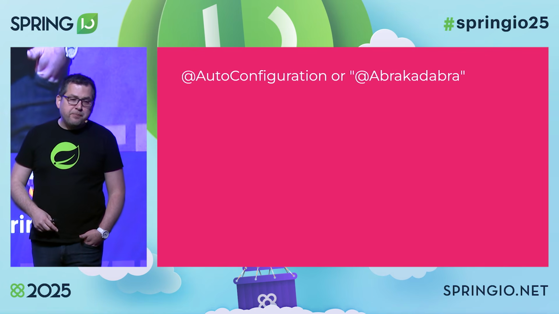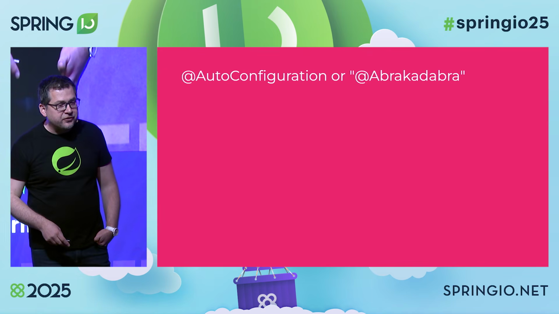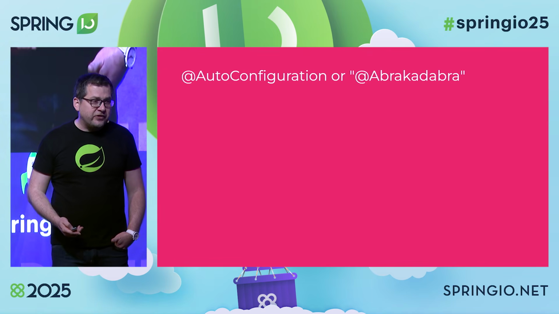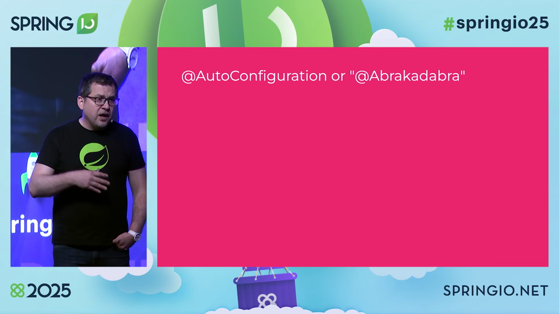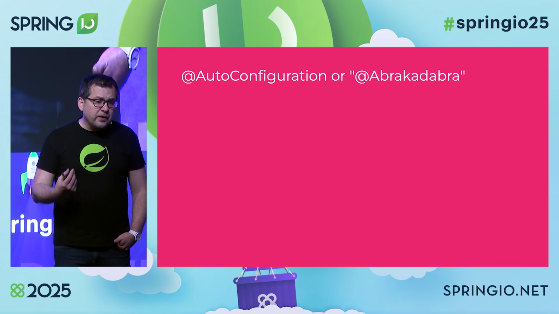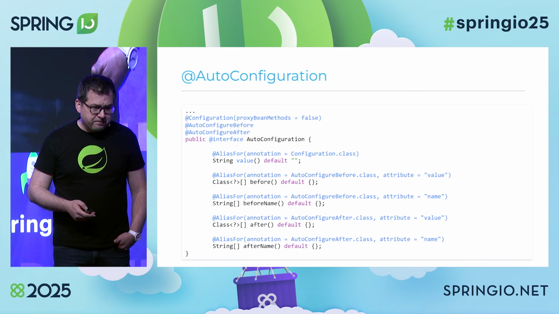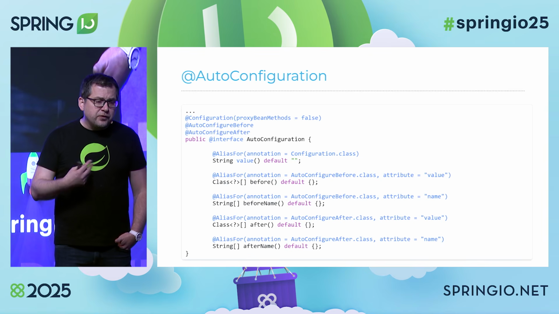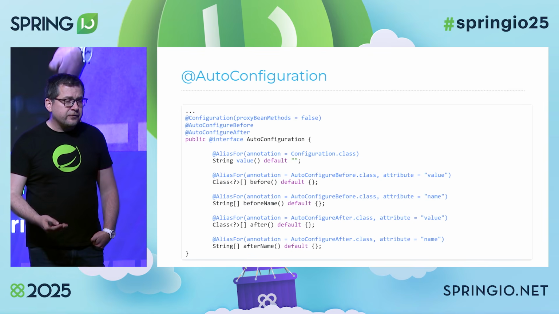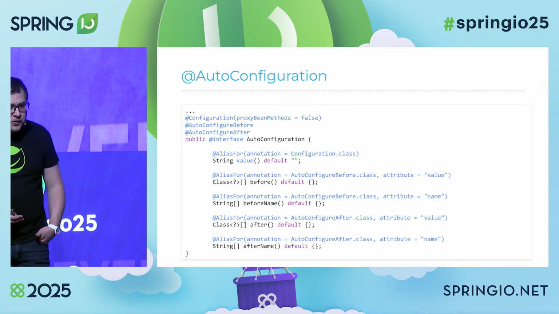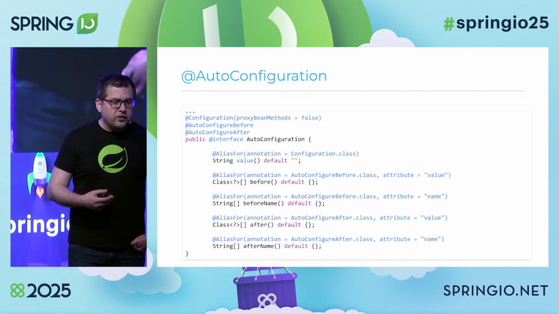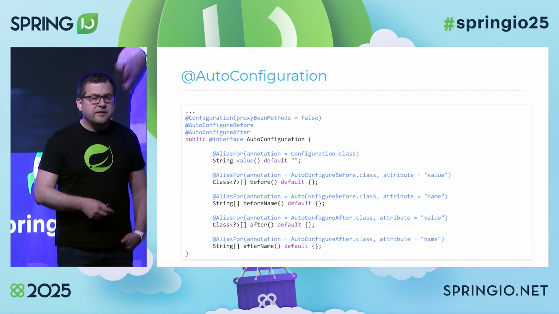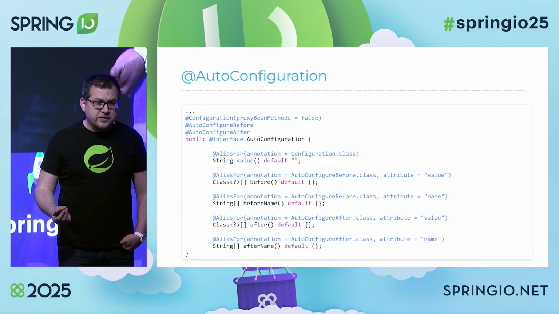Having a look a little bit deeper into auto-configuration, that's where the magic happens. Auto-configuration is done for you, and it is quite opinionated, I would say. If you look at the auto-configuration annotation in the source code, you will realize that an auto-configuration class is nothing else than a regular configuration class.